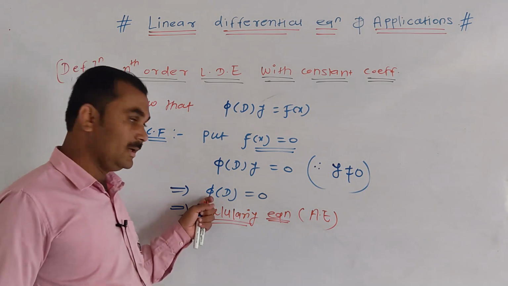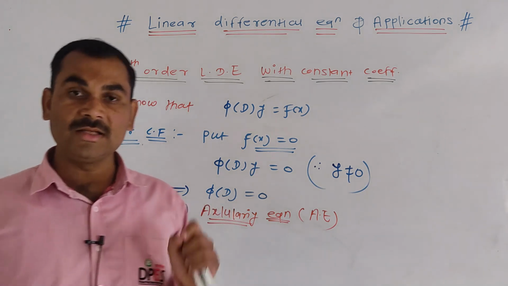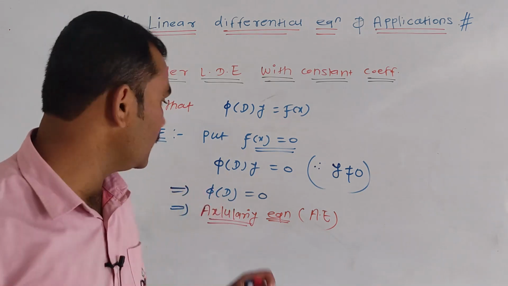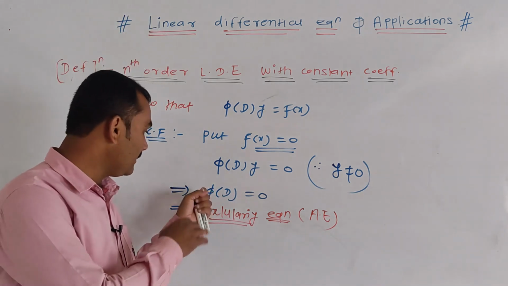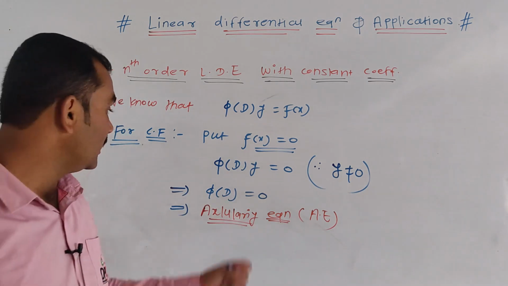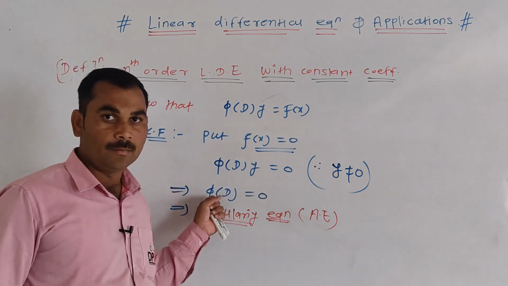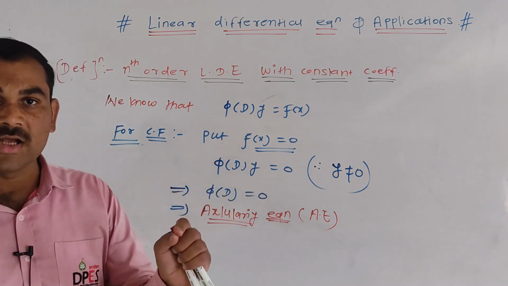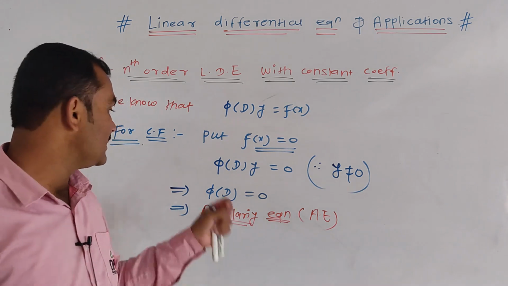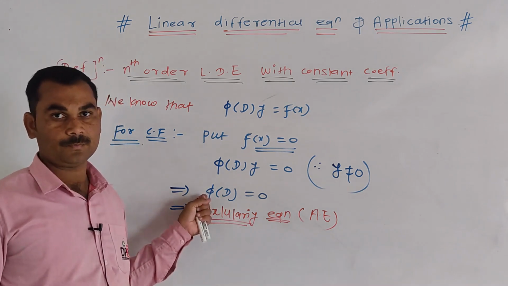But phi of D is an nth degree equation in D. Phi of D, whatever we saw, is an nth degree equation in D. Find the roots of that equation. Then, depending upon the nature of the roots, we have to write CF directly.